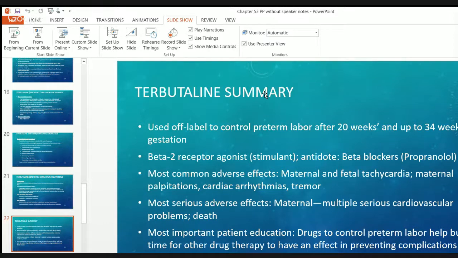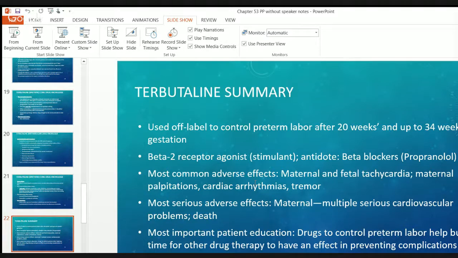And then most important, patient education: drugs to control preterm labor help buy time for other drug therapy to have an effect in preventing complications in the newborn. So we just have to explain to them why it's important. Again, when a woman has never felt the side effects of a medication, it can be very scary, because this medication will make her feel a little jittery.